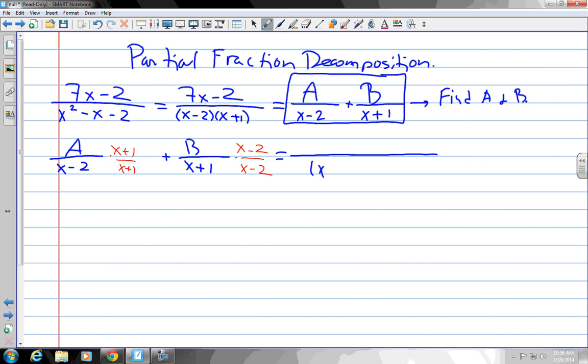So we're going to have x minus 2, x plus 1 in the denominator. In the numerator, it's A times x plus 1 plus B times x minus 2.